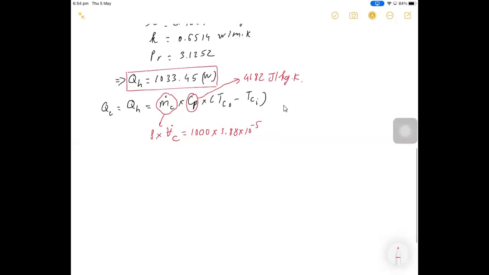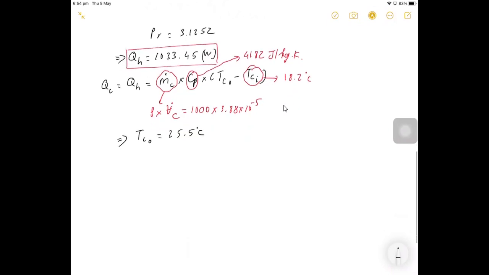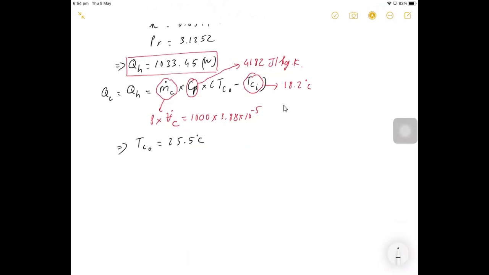When I have temperature of cold water in here, I have 18.2 Celsius. So based on this equation, we have temperature of cold water out here is 25.5 Celsius. And now we will double check Cp.